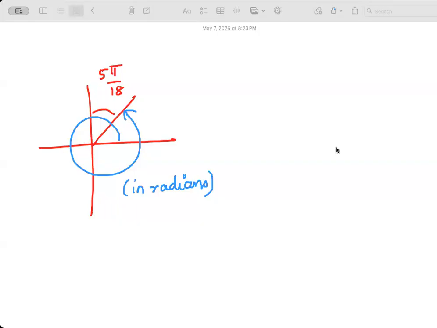I gave you 5 pi by 18. Not really, I feel, Akshada. Oh yeah, I understood my mistake, I'll change it. Anisha, what they have asked is an anti-clockwise angle, so should it not be positive?